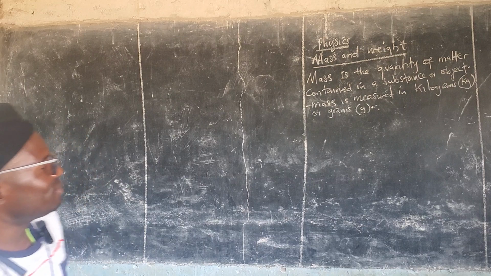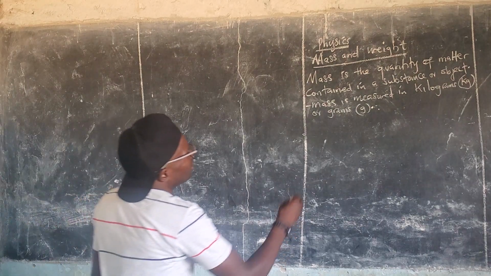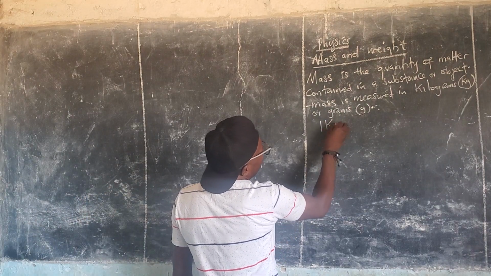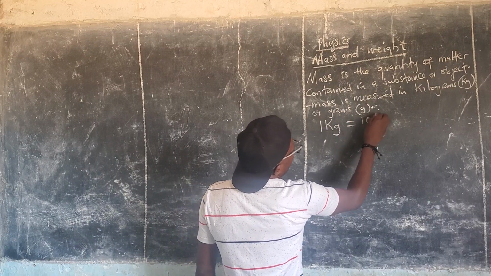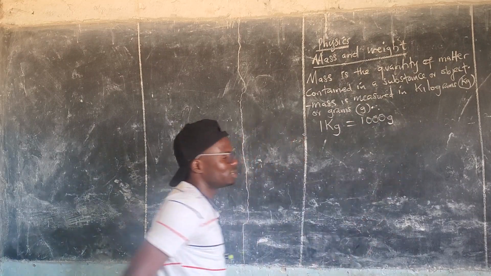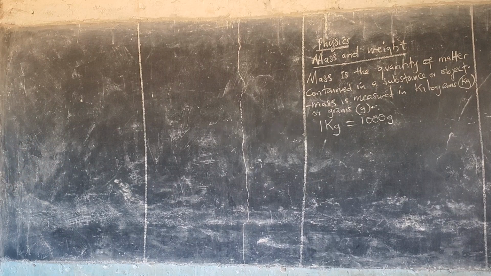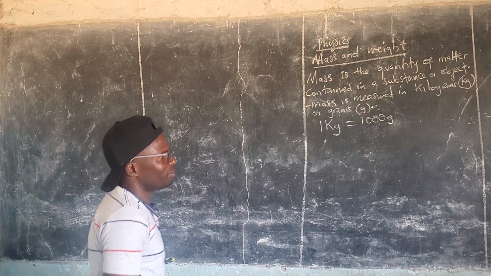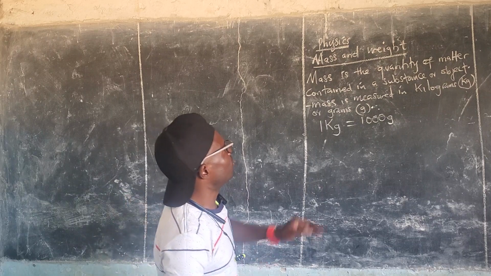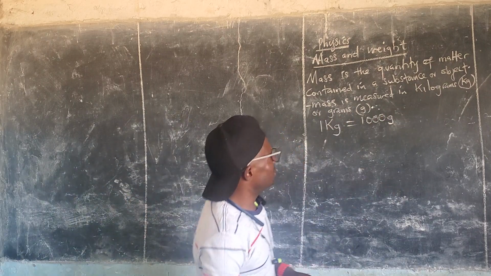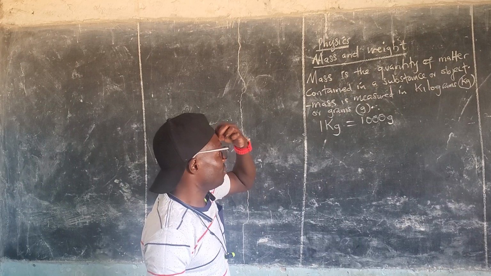And then now, when it comes to the conversion units here, we're saying that 1 kilogram, which is 1 kg, is equivalent to 1,000 grams. So sometimes you can change from kg into grams or from grams into kg, but the official unit that we use for mass is kilograms. So we can change if you're given grams.